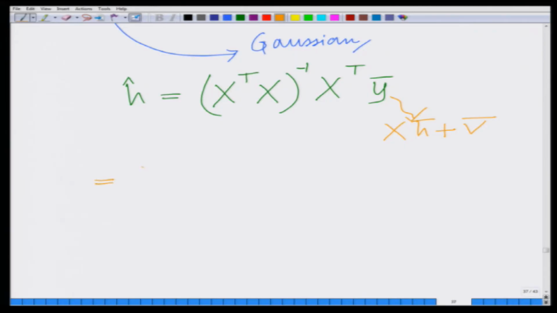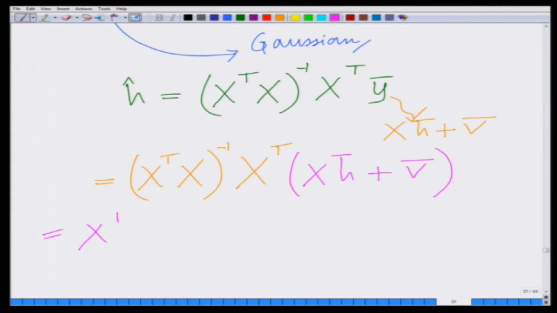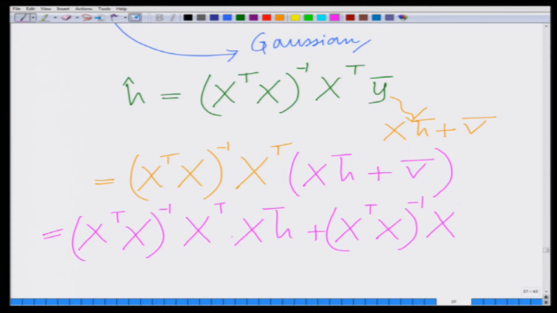I have (X transpose X) inverse X transpose times, instead of y bar, X h bar plus v bar, and now expanding this I have (X transpose X) inverse X transpose times X h bar plus (X transpose X) inverse X transpose v bar.